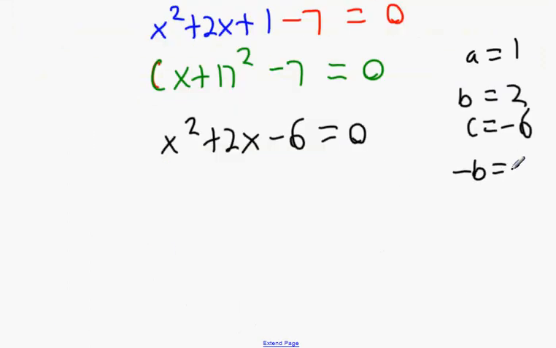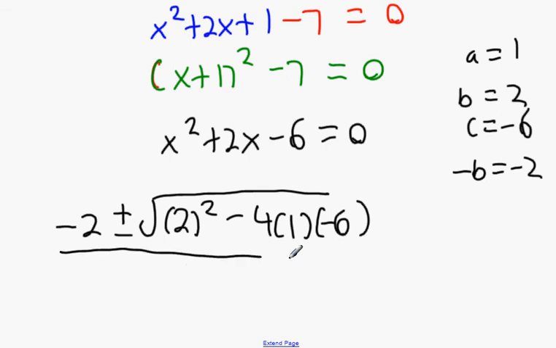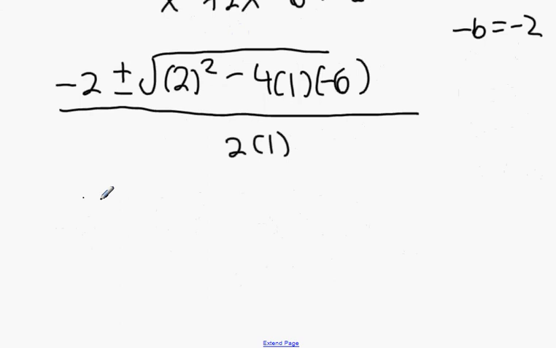Minus b equals minus 2. The minus b formula is minus b plus or minus the square root of b squared, 2 squared, minus 4 times a, 1, times c, minus 6, all divided by 2 times 1. We're going to get minus 2 plus or minus the square root of.